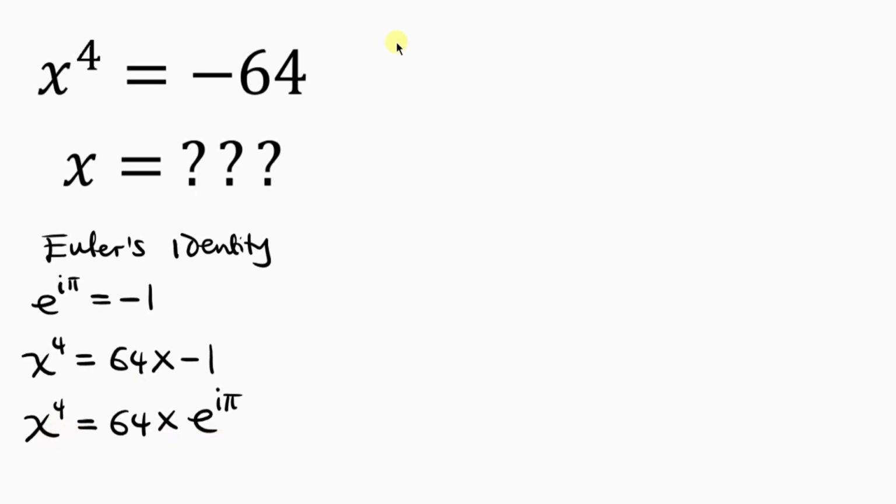So we have x to the fourth equal to 64 times, now modifying Euler's identity, e to the i times pi plus 2k pi. You notice that I added 2k pi. Adding 2k pi allows us to have distinct roots or solutions for x.